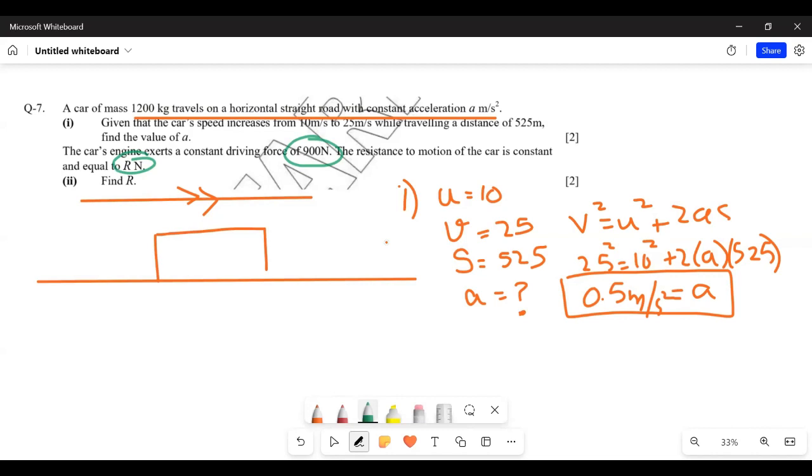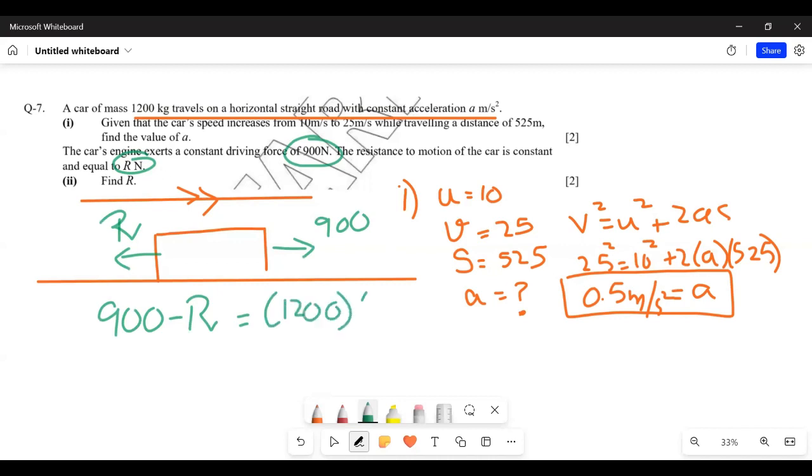The 900 will be the forward force. Yes, exactly. R will be the backward force. Exactly. So forward force minus backward force equals mass times acceleration. Mass is 1200. Acceleration is 0.5.